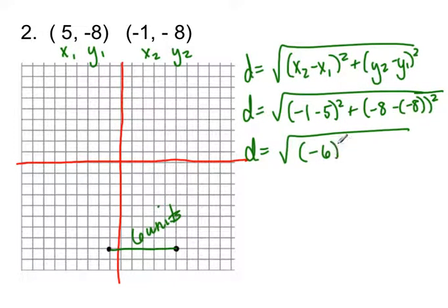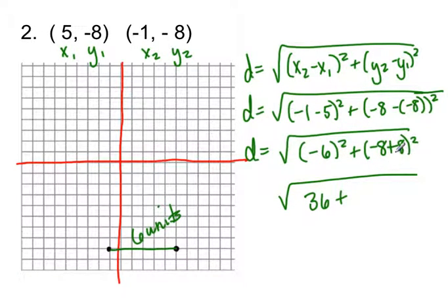This would be negative 6 squared plus, and negative 8 minus the negative 8 would be negative 8 plus 8. So we would get negative 6 squared is 36 plus this would be 0 squared.